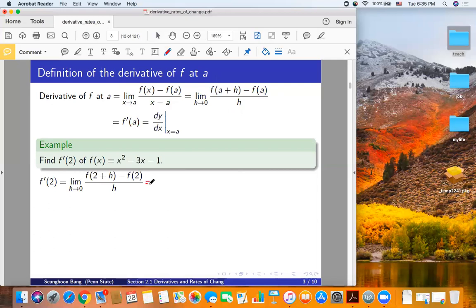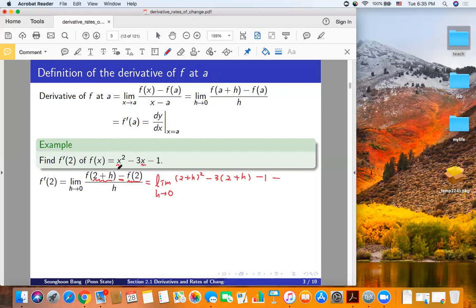So this is the same as the limit as h approaches 0. You plug 2 plus h into x. So we have 2 plus h squared minus 3 times 2 plus h, minus 1, which is exactly f of 2 plus h, minus f of 2.